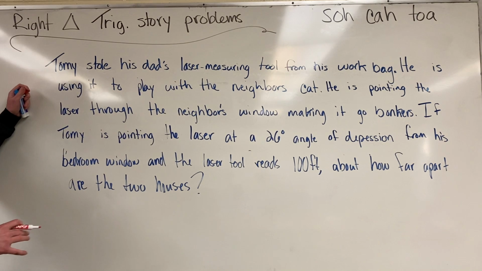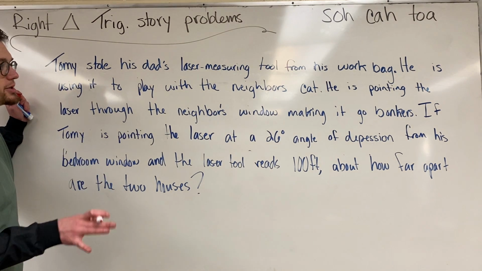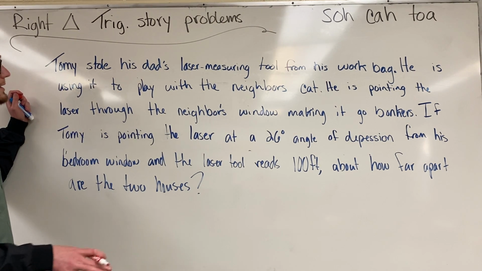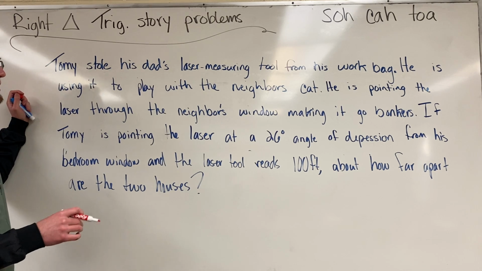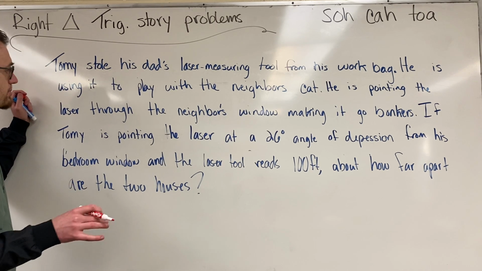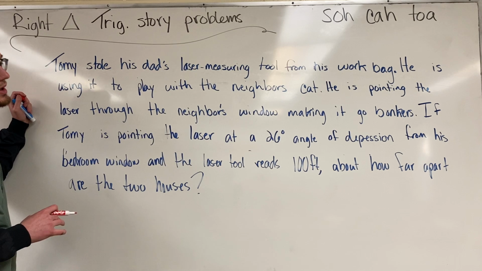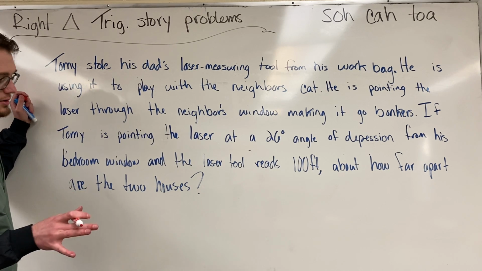So the first thing, I'm going to go through and highlight the important information, underline it. So, Tommy stole his dad's laser measuring tool from his work bag. He is using it to play with the neighbor's cat. He is pointing the laser through the neighbor's window, making it go bonkers.